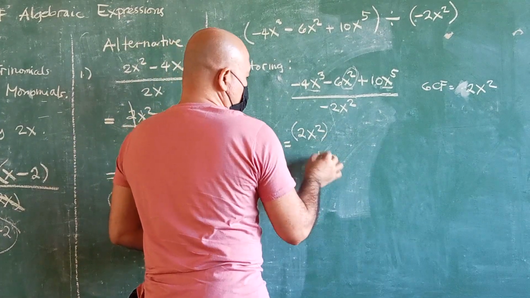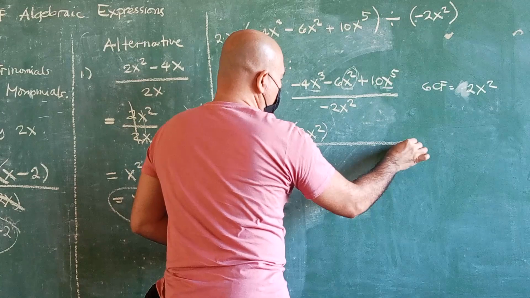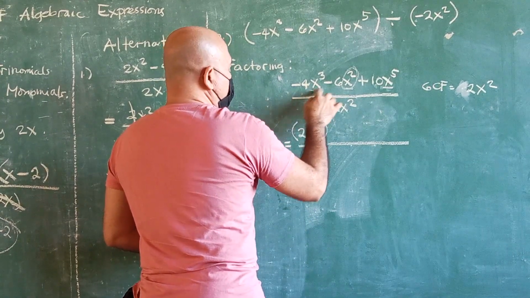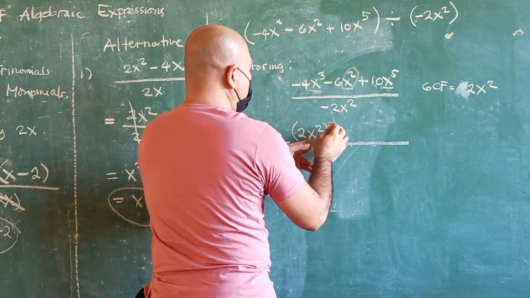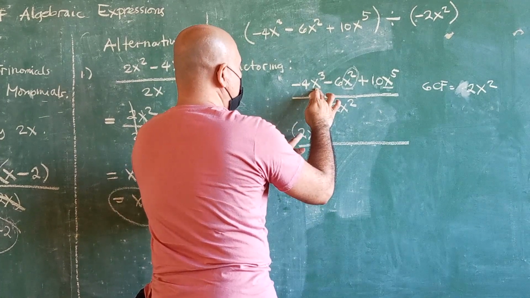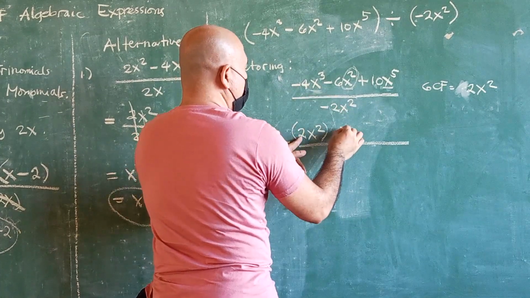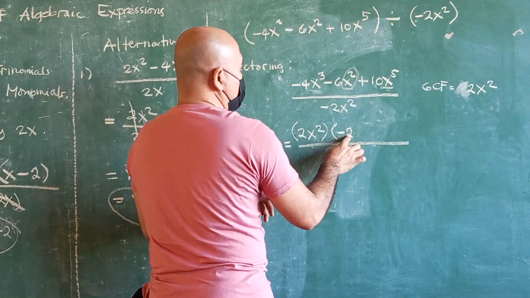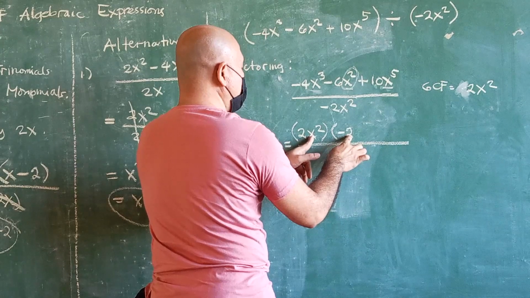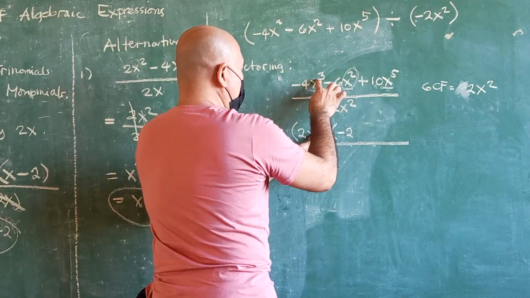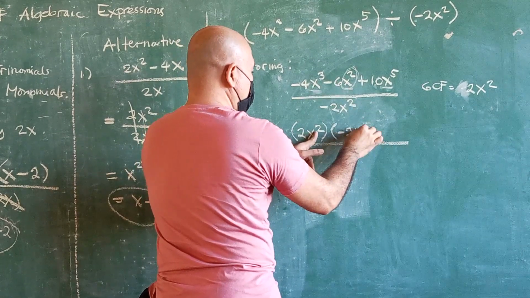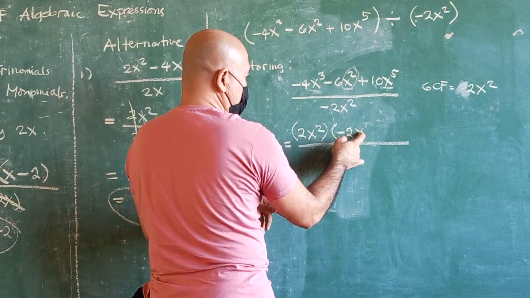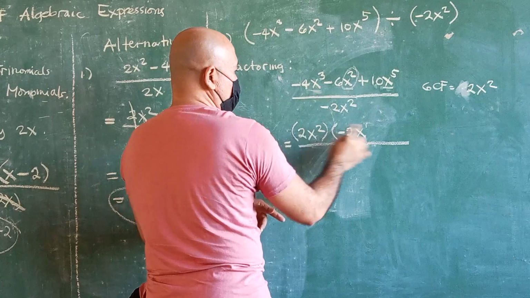And then by factoring 2x squared from the first term, what remains in the first term is, for negative 4, the remaining coefficient negative 2. And since you factored out x squared, the remaining exponent for the variable here is only 1, so that when you multiply x squared and x, the result is x cubed.